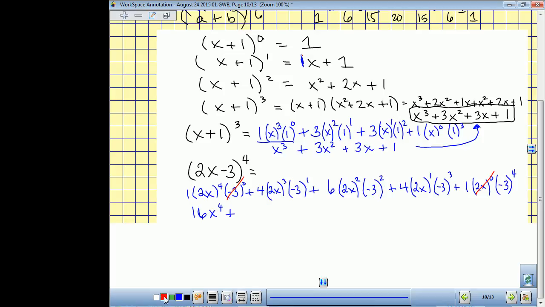Okay, this becomes 4 times 8x cubed times negative 3. Do you guys see that this simplifies to that? So, negative 12 times 8 is actually a negative 96 x to the third.